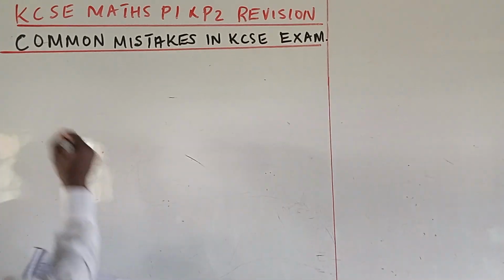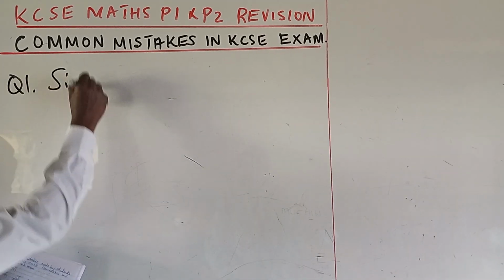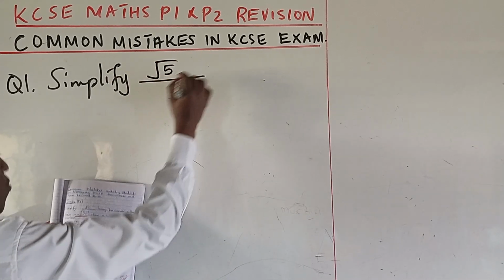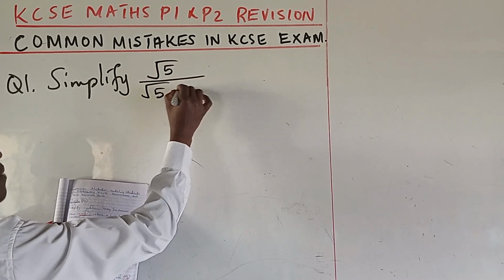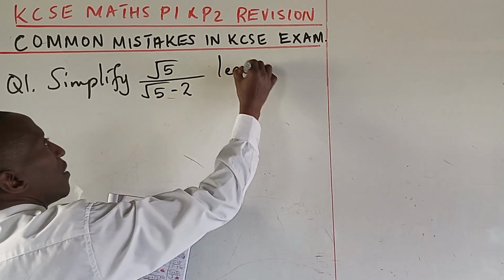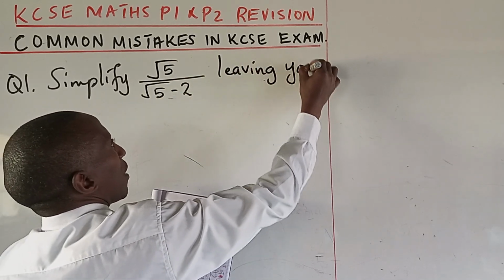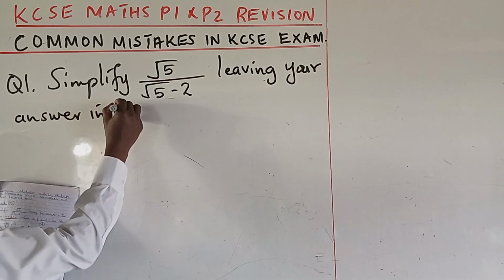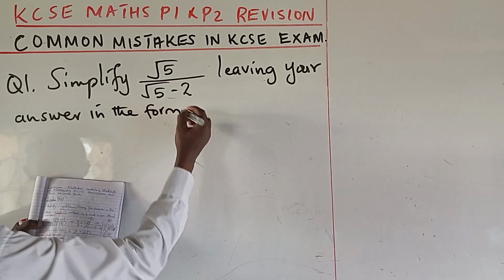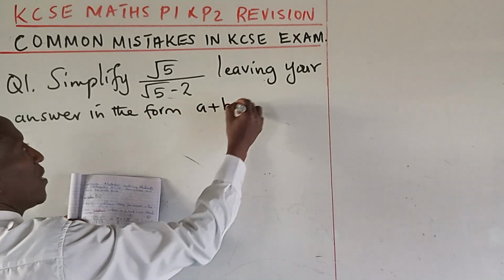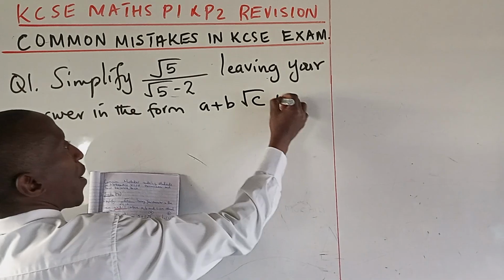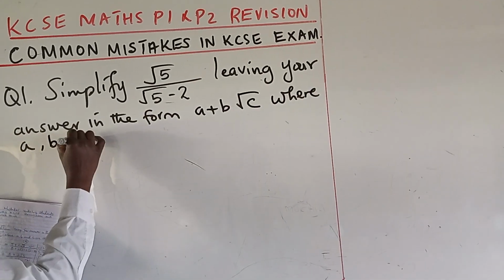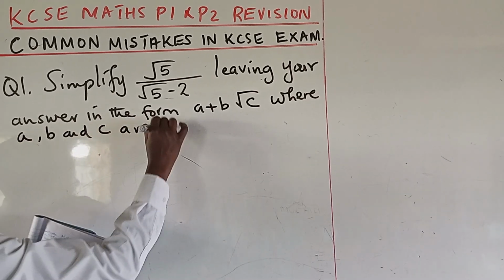The question says, question 1, simplify root 5 all over root 5 minus 2, leaving your answer in the form a plus b root c, where a, b, and c are rational numbers.